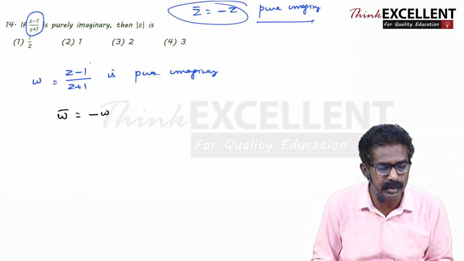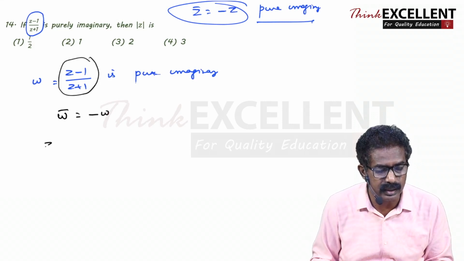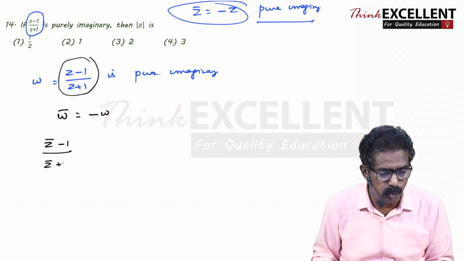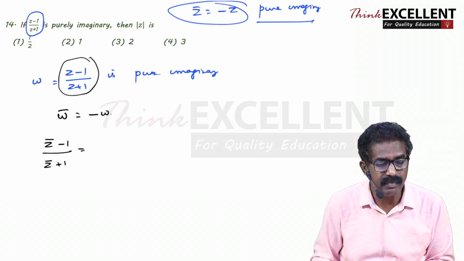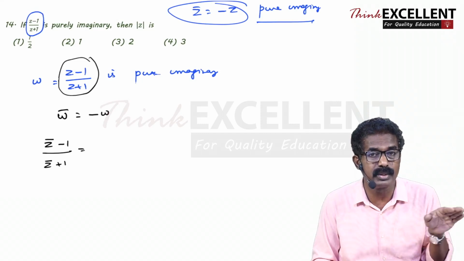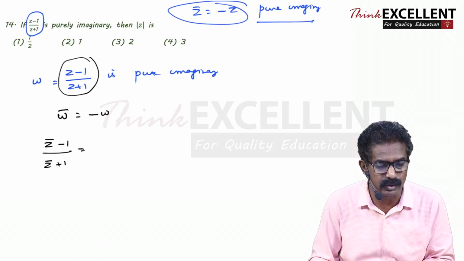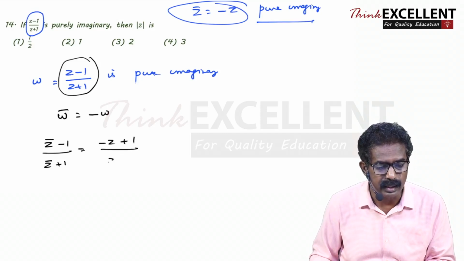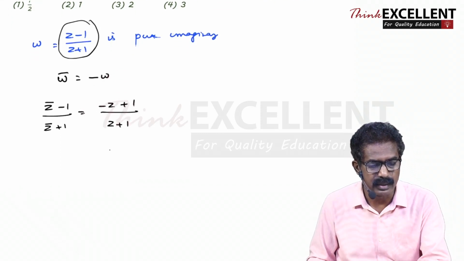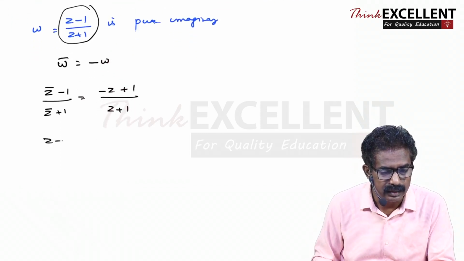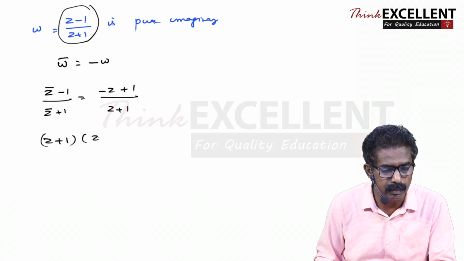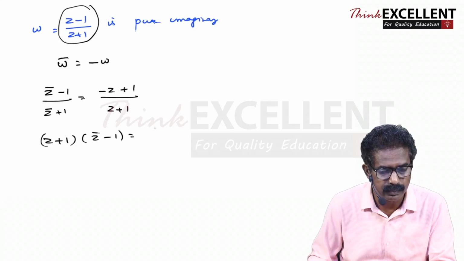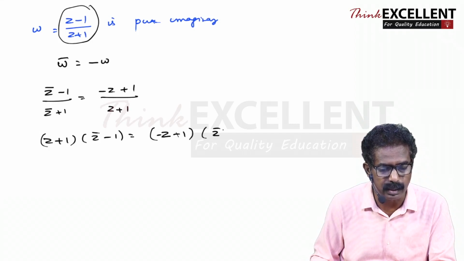Please listen, W bar means you take the conjugate of this: (Z bar minus 1) by (Z bar plus 1) is equal to minus of W. This is W. Minus of W means you change the sign, only the numerator. Okay, change the sign. So you will get (minus Z plus 1) divided by (Z plus 1). Right? Now just you cross multiply: (Z plus 1) into (Z bar minus 1) is equal to (minus Z plus 1) into (Z bar plus 1).